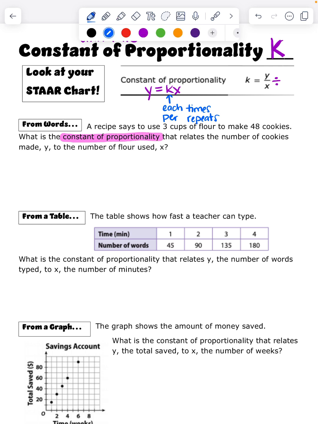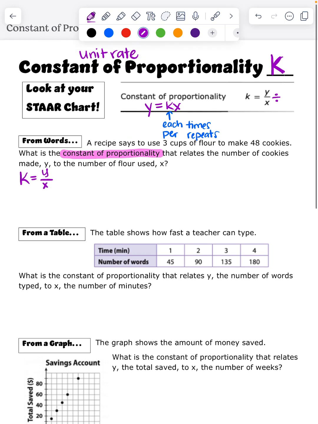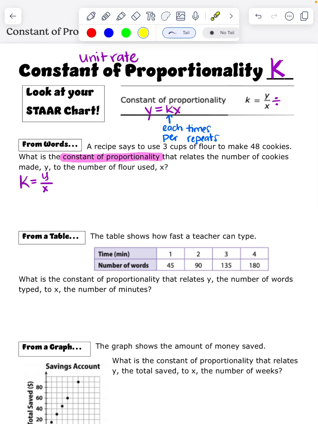That tells us we're immediately going to go to our star chart. We're going to write down K equals Y over X. Okay, the minute we see that, again, if you also see unit rate or if you see rate or things like that, those are all going to be representing K. So K equals Y divided by X.